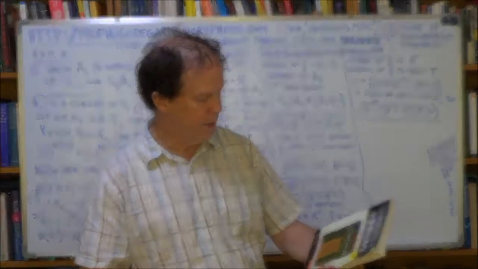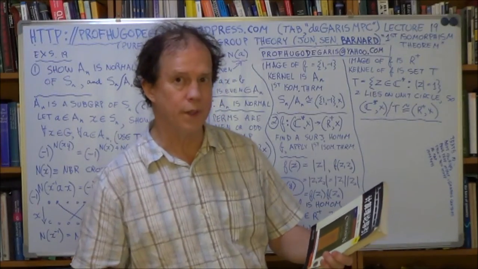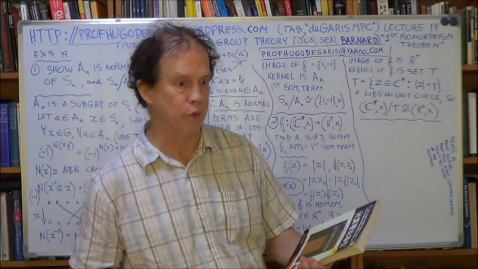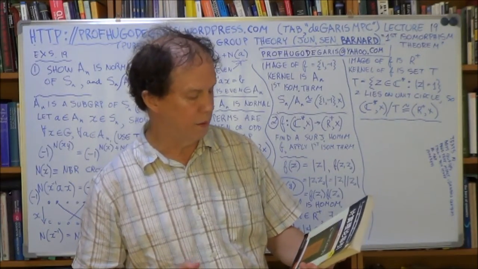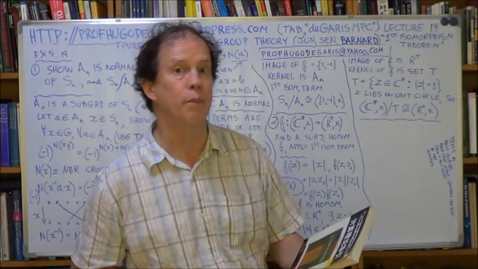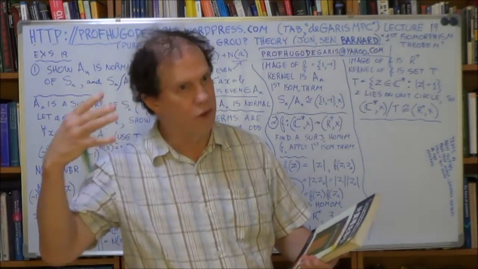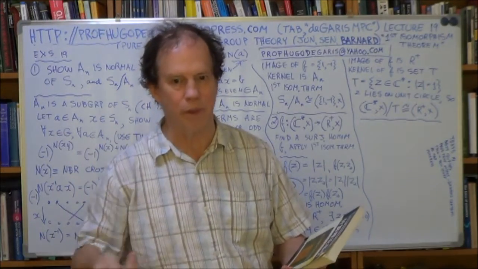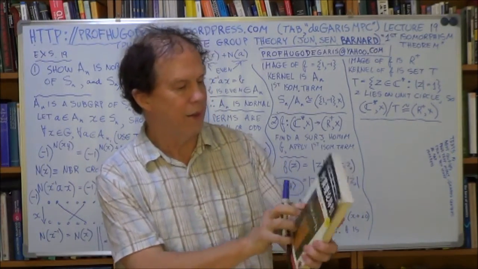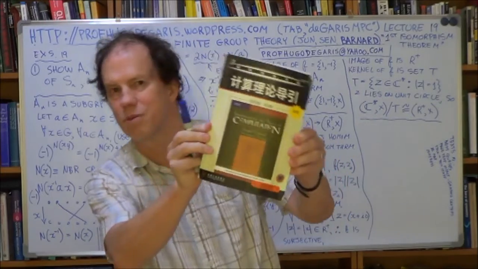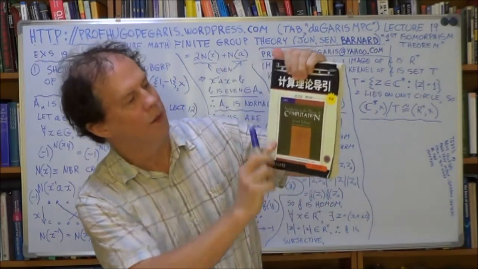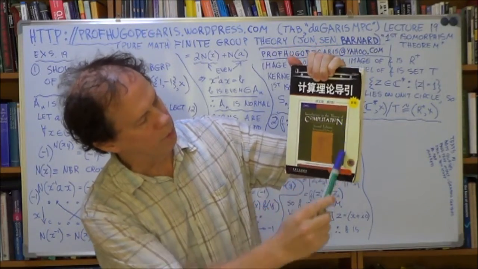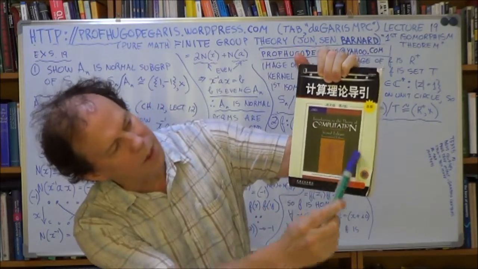Anyway, here's the text of the first computer theory topic, and the subject will be the theory of computation. You know, Turing machines, computability, uncomputability, stuff like that. Now I've got a Chinese version here because it was cheaper, but if you're buying the English language version, it would probably be this.